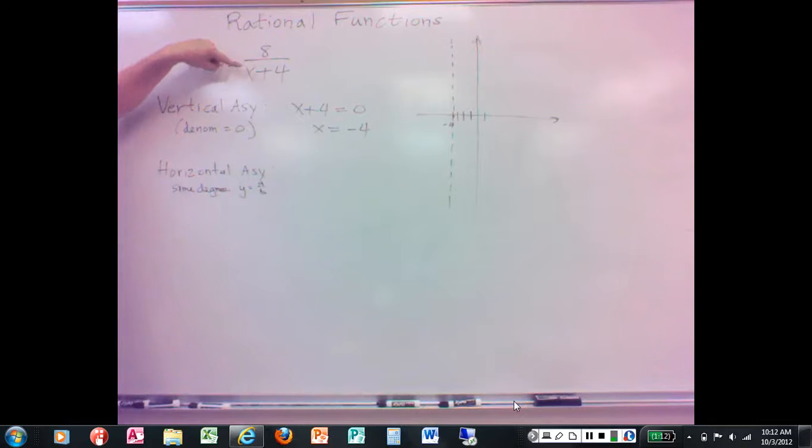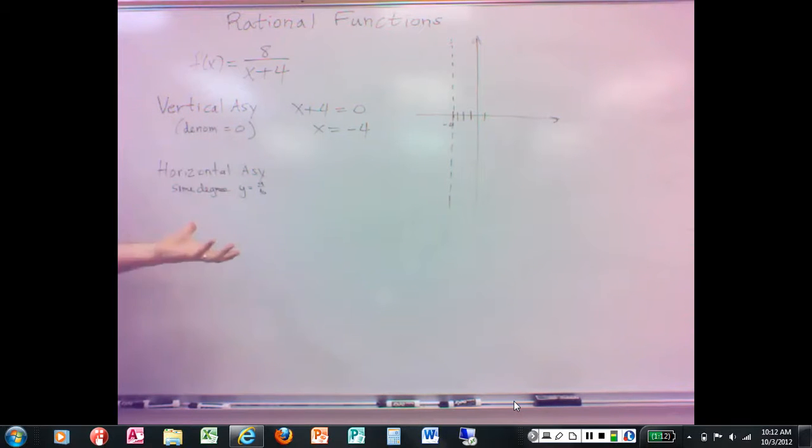That is, the x power is the same here as it is here? No, I don't have an x term up here. I just have the constant. And the degree of the bottom is 1, the degree of the top we would say is 0 because it doesn't have an x term. So the degrees aren't the same.